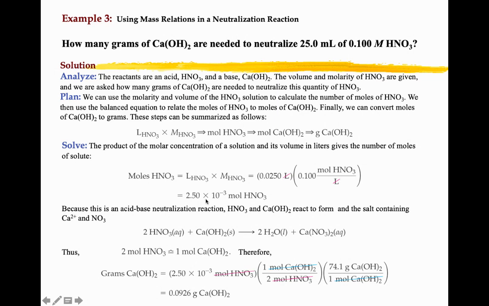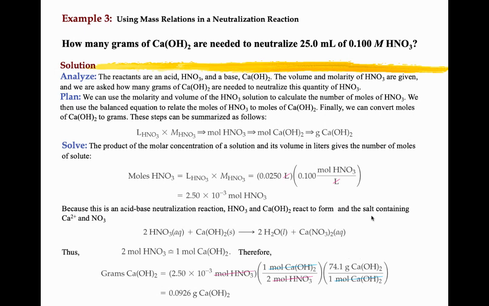And therefore, we can now use the number of moles that we have from a while ago of HNO3, and we use the mole ratio, which is 1 mole of calcium hydroxide to 2 moles of HNO3. And after that, since we want to have the grams of calcium hydroxide, we use the molar mass of calcium hydroxide as our conversion factor.